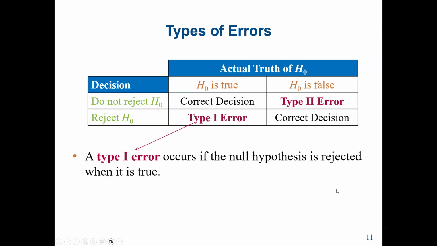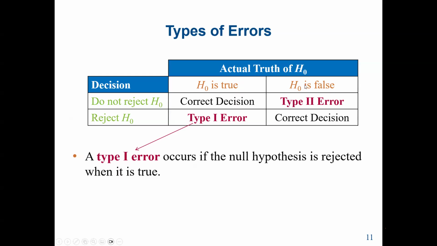So actually, let's look at the table here. The table explains everything. Type 1 error means the actual truth of H0 is true, but the decision we make is to reject it. So type 1 error occurs when we reject the true H0.